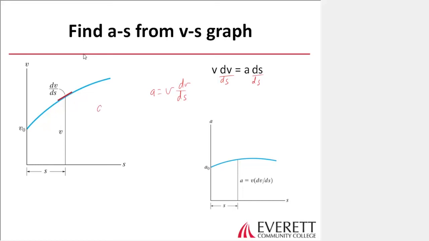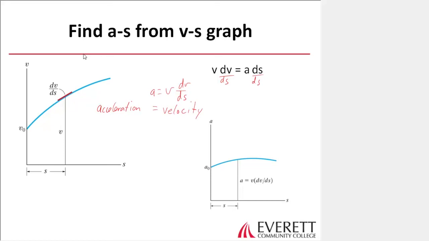It's telling us acceleration is equal to, what's v? Come on, that's an easy question. What's v? It's not position, it's not acceleration, it's velocity. It's going to be equal to velocity. What's dv/ds? Very good. The derivative of velocity with respect to position.